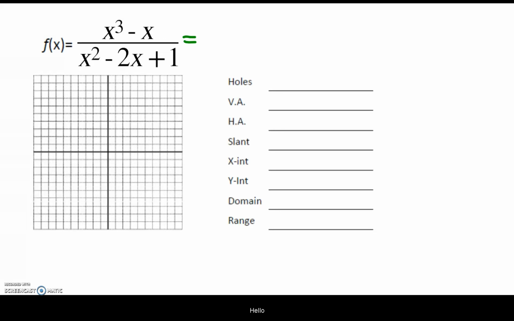So up top, I can factor out an x. That's the greatest common factor. And then you have x squared minus 1, which of course factors as x minus 1 times x plus 1.